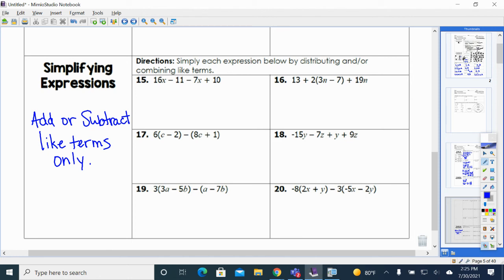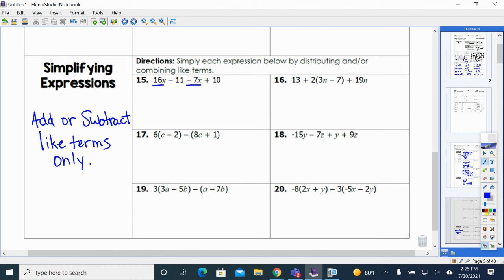We can only add or subtract like terms. So I can't add a 16x plus a 10y. Okay? It doesn't work that way. Example number 15 says 16x minus 11 minus 7x plus 10. I can combine the x's.